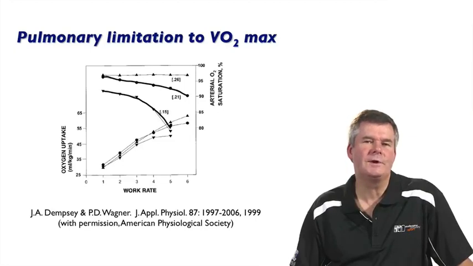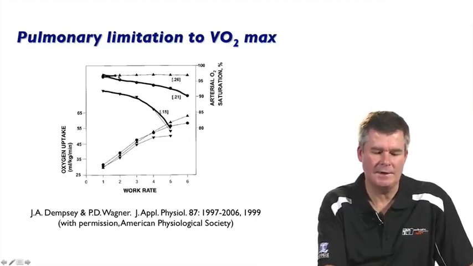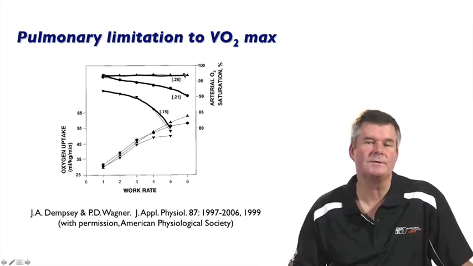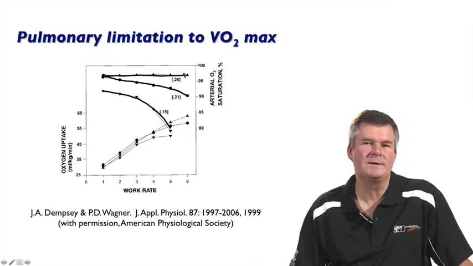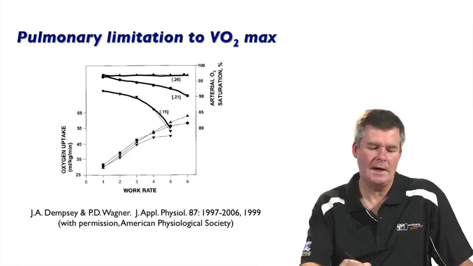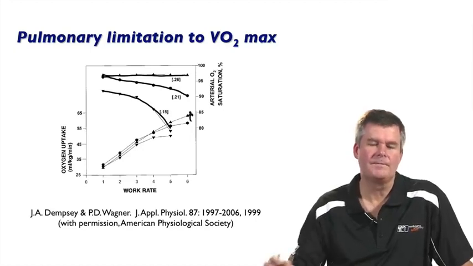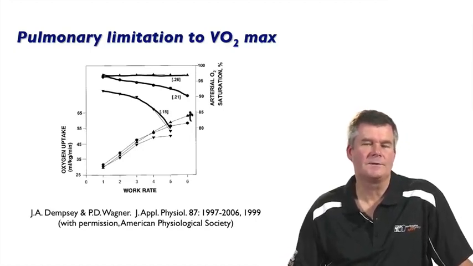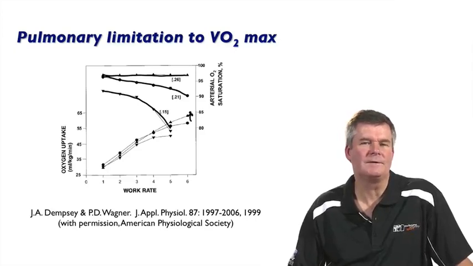If you increase the oxygen in the inspired gas so that these subjects are now breathing 26% oxygen, you can see that you prevent this desaturation and you see a slight increase in the VO2 max. So for some individuals, there may be a pulmonary limitation to their VO2 max. As I said, however, most healthy people exercising at sea level, the lungs are not thought to be a limiting factor for maximal oxygen uptake.